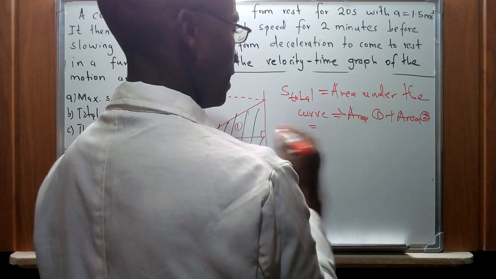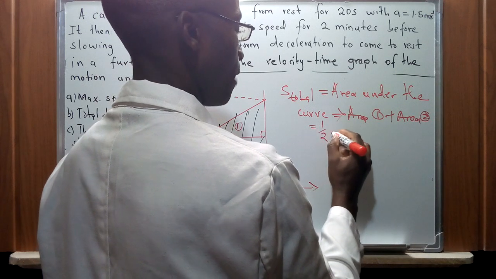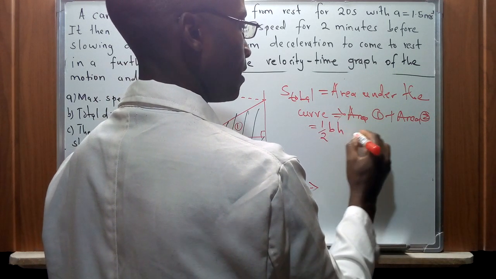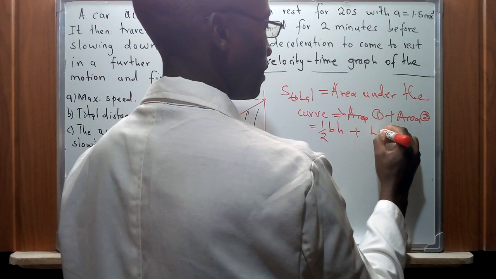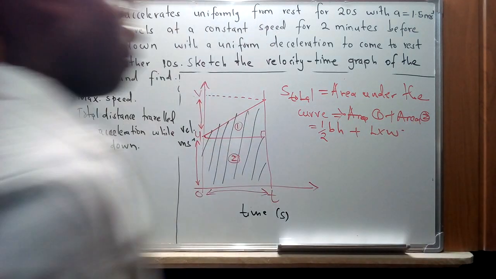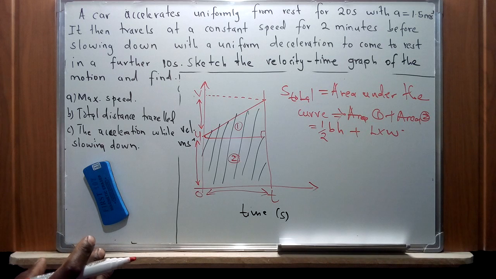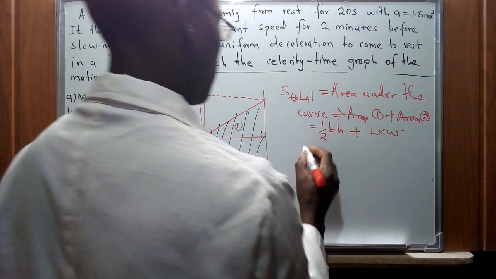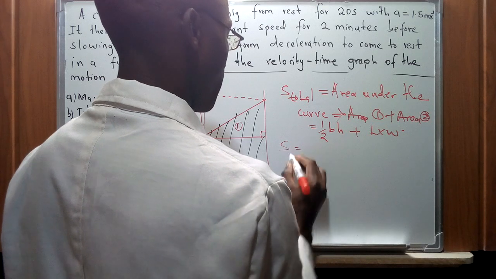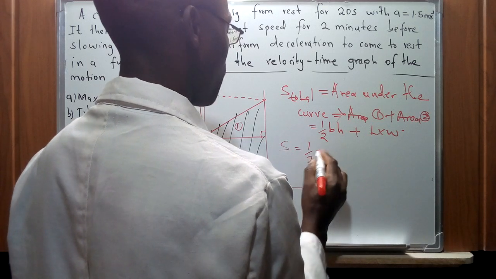The first one is the area of a triangle, which is given as half base times height, plus length times width. Of course, the first one is the area of the triangle, and the second one is the area of the rectangle. So in this case, we find that S will be represented by a half.